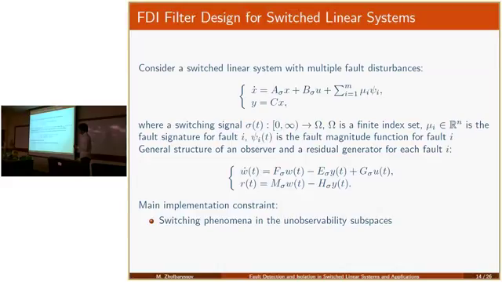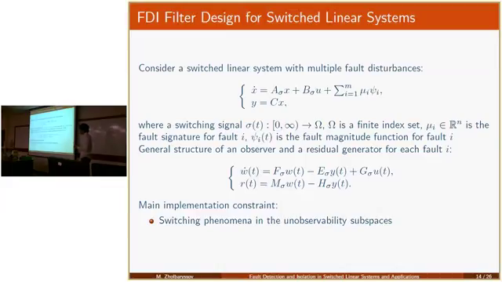And this causes one big problem, the switching phenomena in the unobservability subspace. When the unobservability subspace switches, we don't know how to construct a reduced order observer for that subspace.